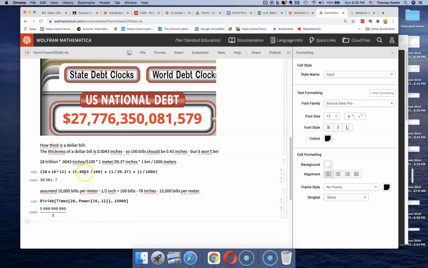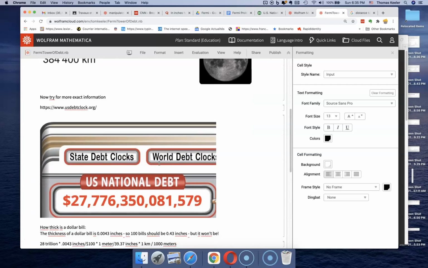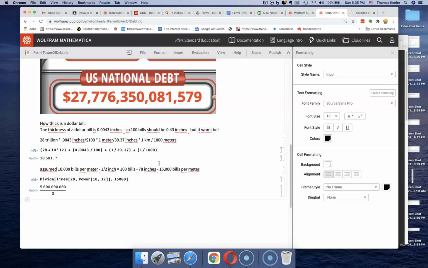That seems like a much more reasonable thing. So it's saying that's like 5 billion meters. It should be 100, yeah. So you can see I'm struggling with this as well. It's a very big number though.